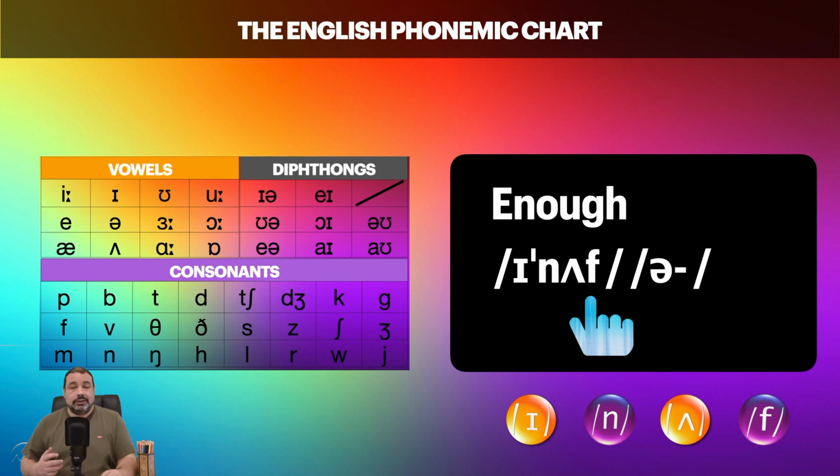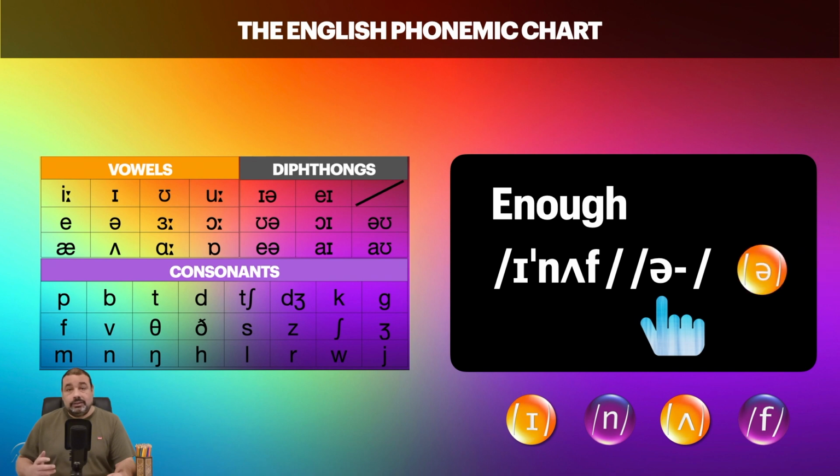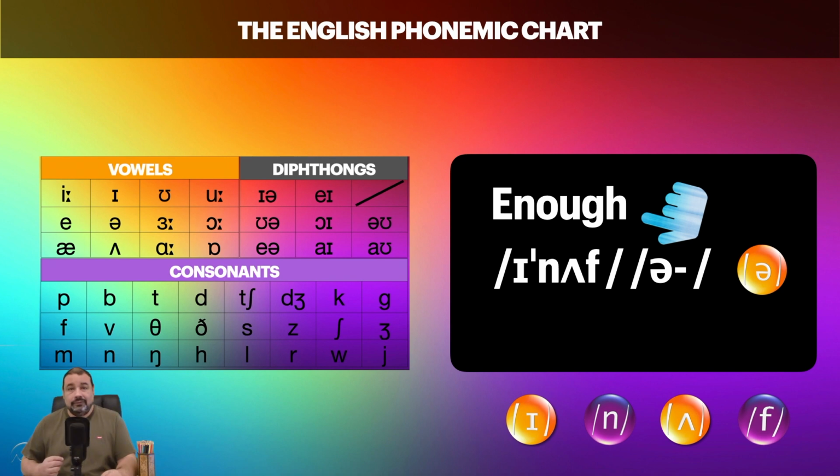And the last is the consonant F sound. However, the dictionary also tells me that I can use the schwa sound uh at the beginning of this word. So this word could be pronounced as enough, and so as enough.